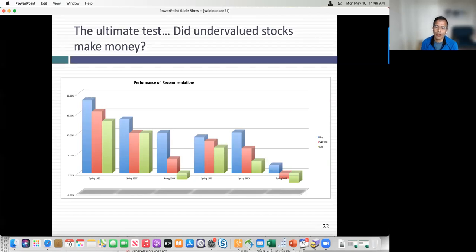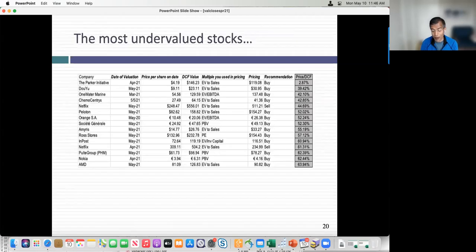I don't know whether I mentioned at the start of this class, but historically in this class, I buy one of your most undervalued stocks on your list. So if you go back to this list, I'm buying one of these stocks. You know how I'm going to decide which one I buy? Obviously, let's take the Parker Initiative off the mix because it's a private company.